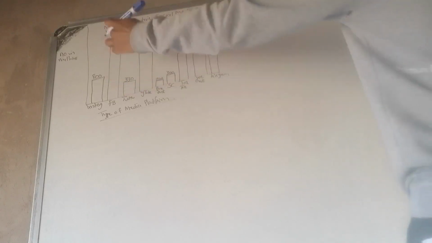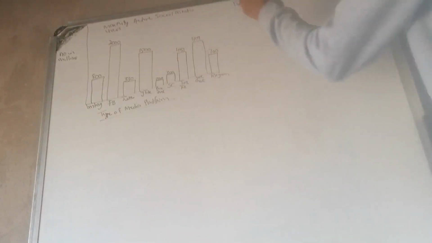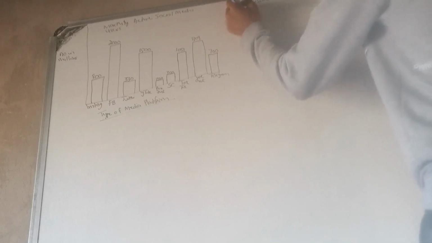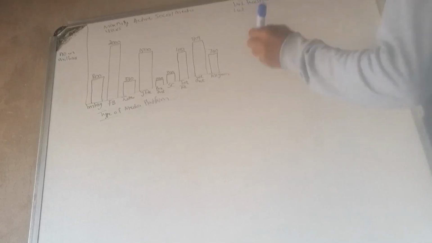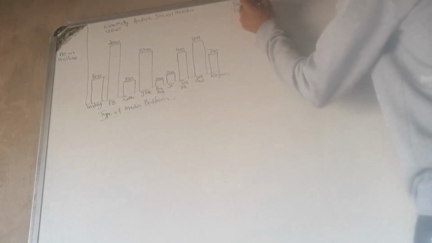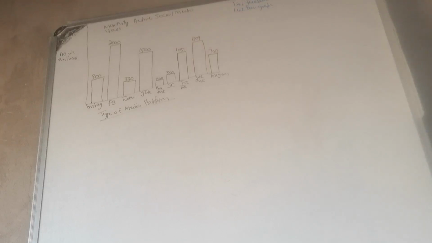It has the highest value there when compared to many others. And then 1.4.2, name the type of graph used above to illustrate monthly types of social media platforms. So this is a bar graph.